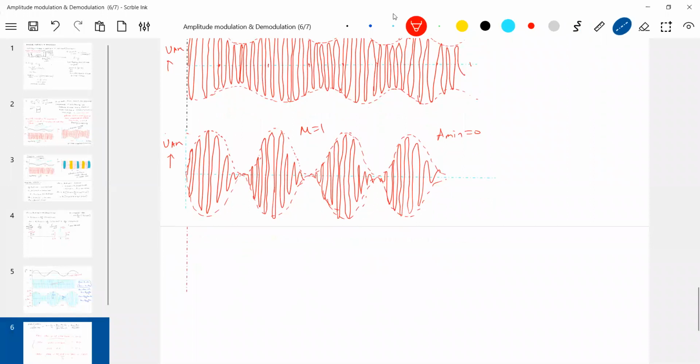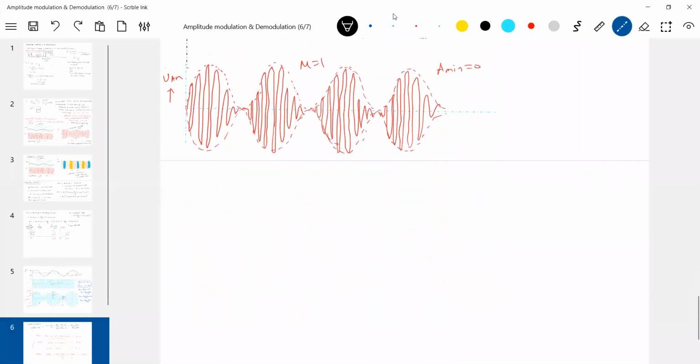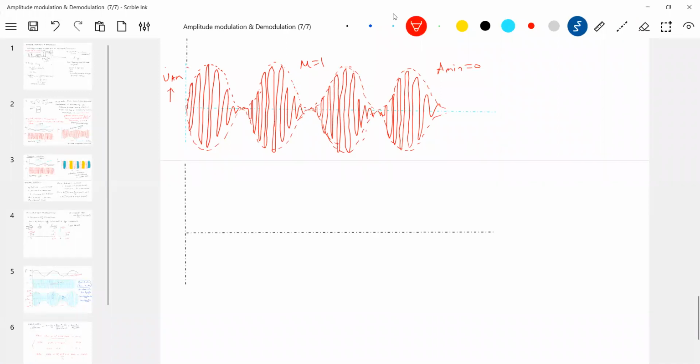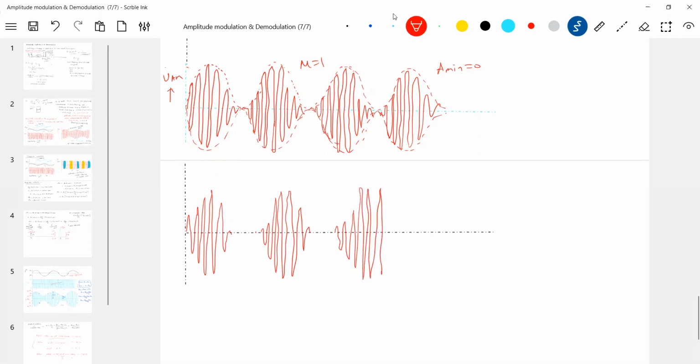So I'll take the last one. It is not zero; in fact it's negative, and the resultant graph will be like this.